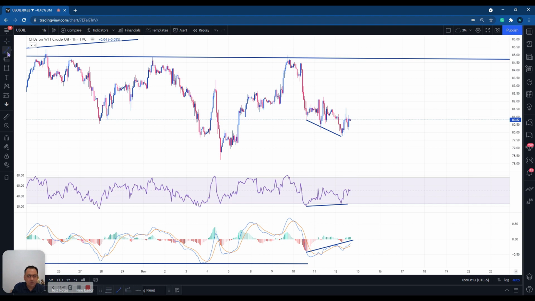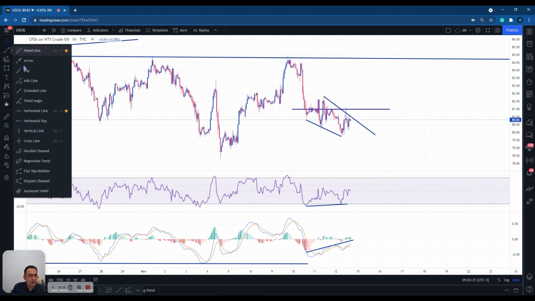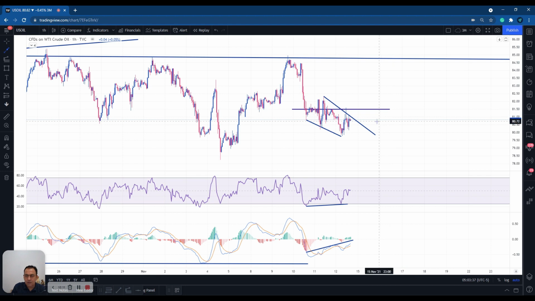Now, how do we confirm it? Once it breaks this white candle and the midpoint of the bullish divergence, then we can definitely go in for some buy trades.